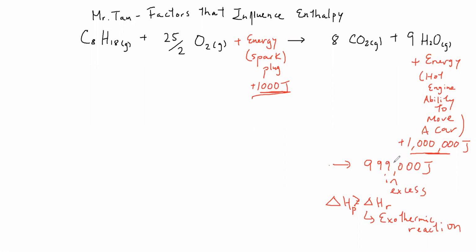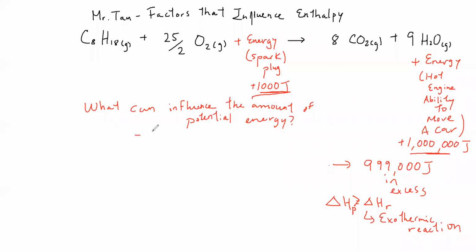So what could actually influence the amount of energy that each of these substances can have? Well, let's write out here what can influence the amount of potential energy. We're going to start off with just listing a couple of factors, one of which could be the type of chemical bond.